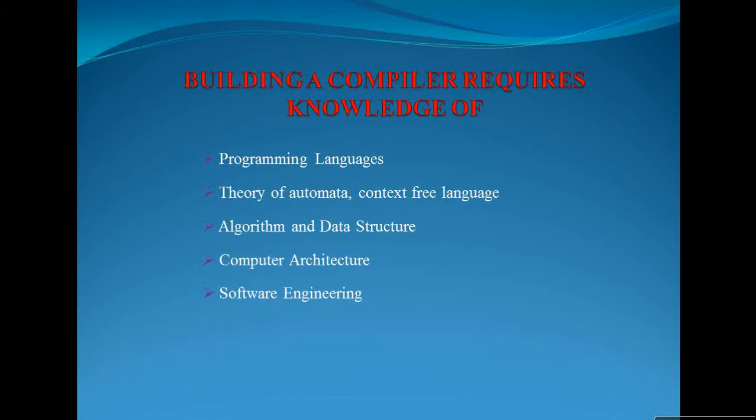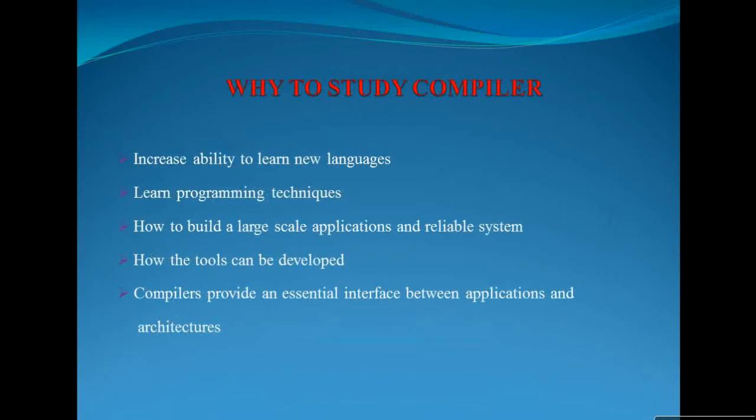Then data structures and algorithms are the next knowledge, where we are going to apply the compiler. The fourth one is computer architecture knowledge, and the last one is software engineering.